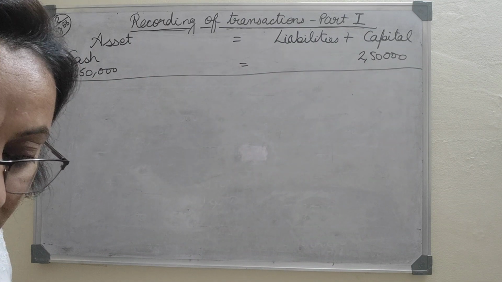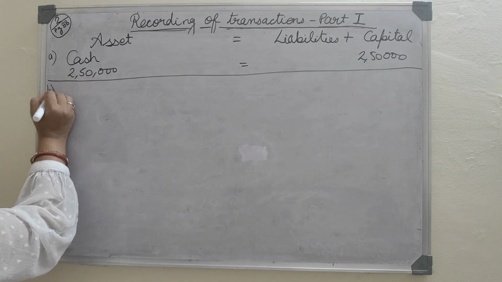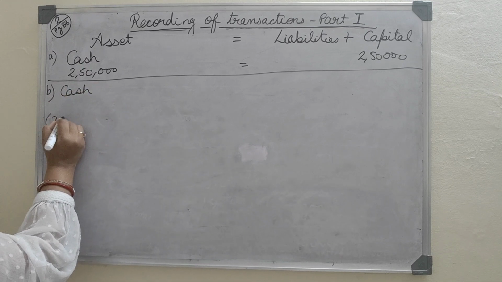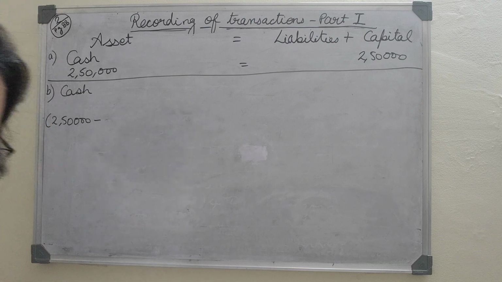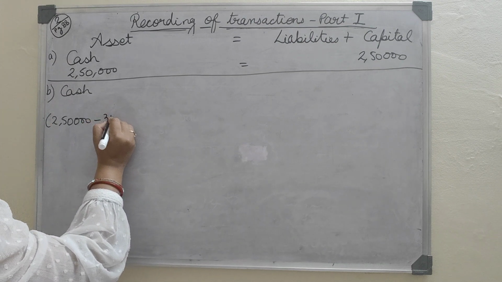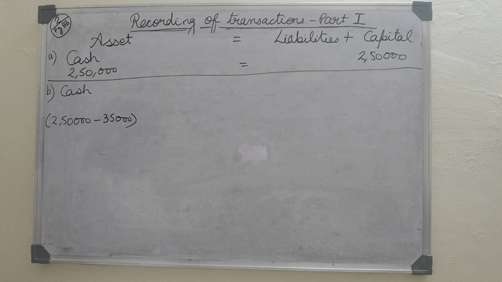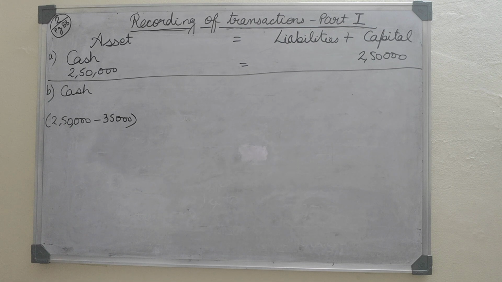Now second, he purchased furniture for cash. Purchasing furniture for cash means this much amount will go out of cash, 35,000. So when we subtract 2,50,000 minus 35,000, it becomes 2,15,000.